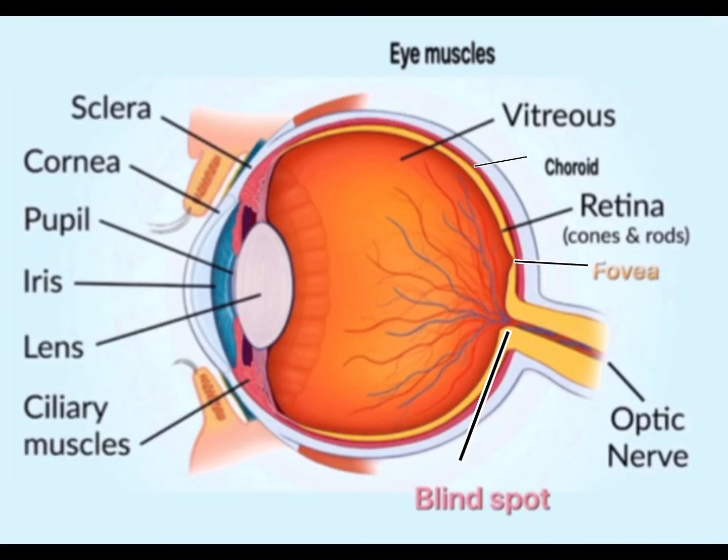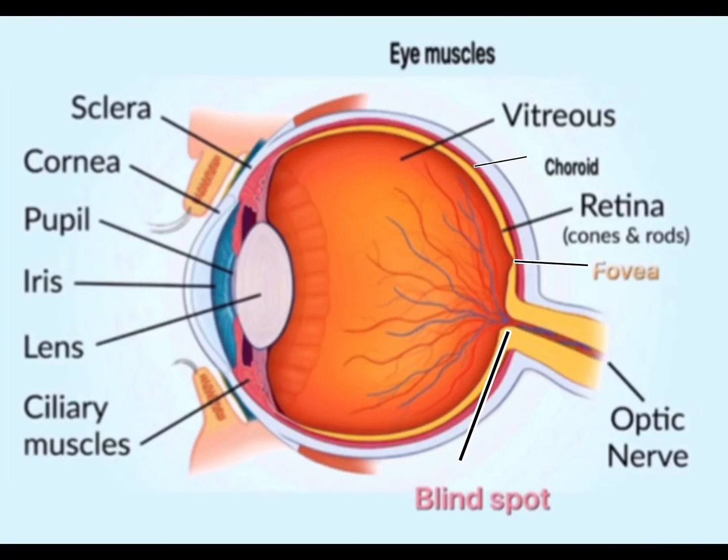We can say that if there is no fovea, we cannot see anything. Okay. Let's talk about the blind spot. At the blind spot there are no light sensitive cells, and if the image is formed on the blind spot, we can't see that image. So we can say there is no vision on this spot.